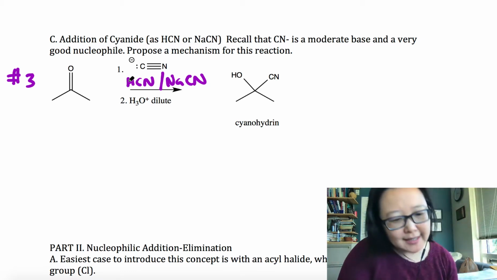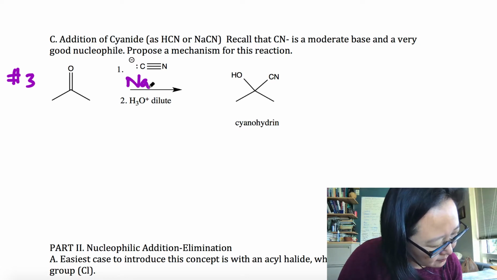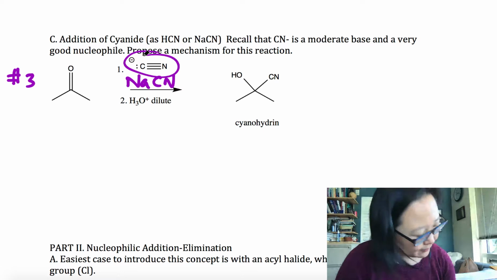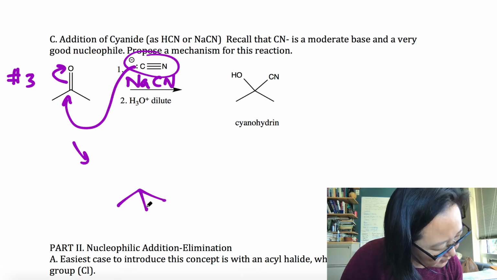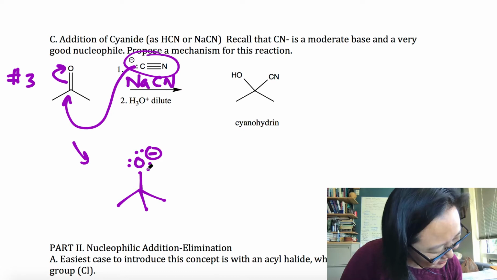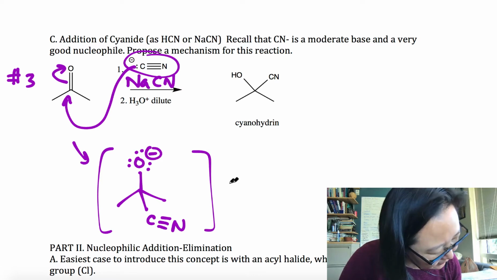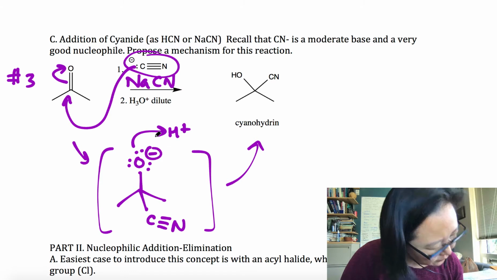So let's say you have NaCN, and you need to know that for sodium cyanide, you use the cyanide, and hopefully you know how to draw that out. So we take the lone pair on the carbon, do our nucleophilic addition. This is called nucleophilic acyl addition, because acyl is referring to the carbonyl group. Here's our tetrahedral intermediate, and then we use our acid to protonate there.